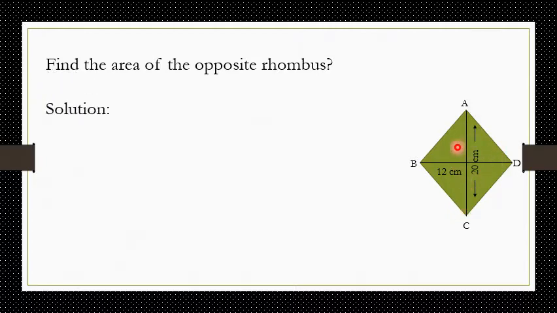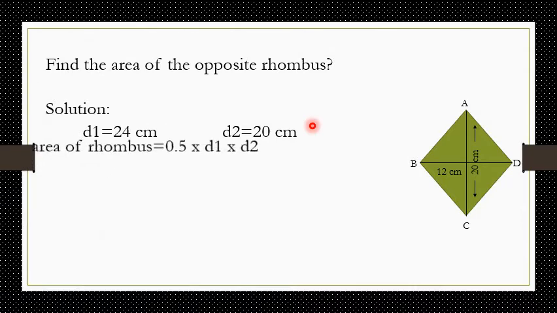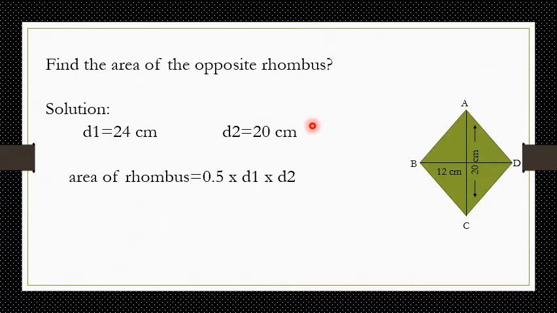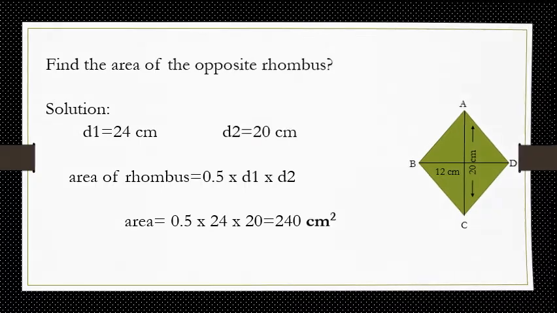So solution, let D1 equals 24 centimeter and D2 equals 20 centimeter. Area of rhombus, or the formula of area of rhombus, equals half by D1 by D2, and now we will substitute in the formula. So area equals half by 24 by 20 equals 240 centimeter square.